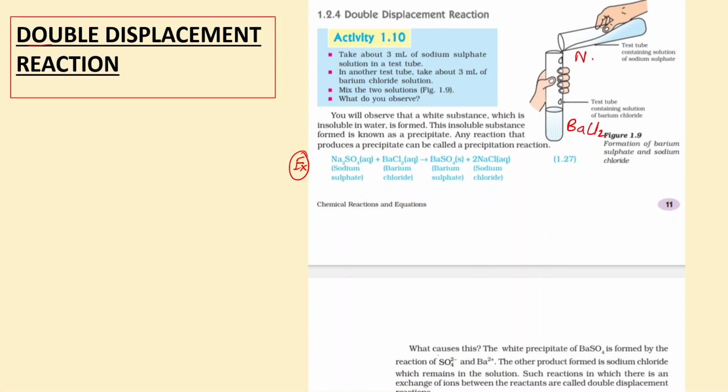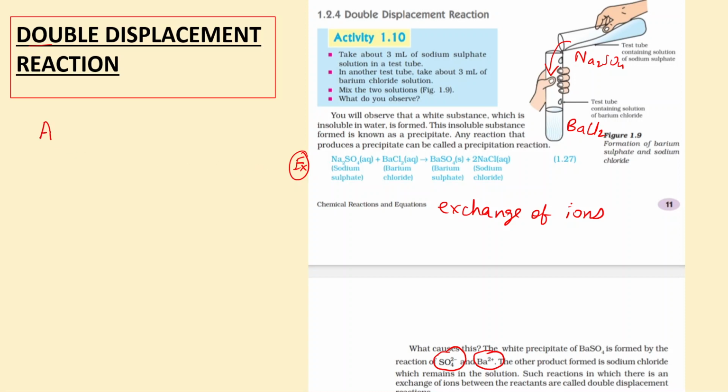This test tube has sodium sulfate. If you put sodium sulfate in barium chloride, exchange of ions takes place. Which two ions are exchanged? Sulfate and barium ions. These two are exchanged here. You can see here.